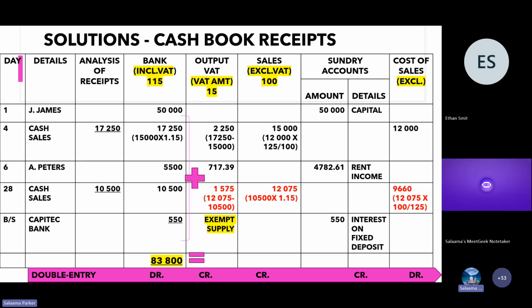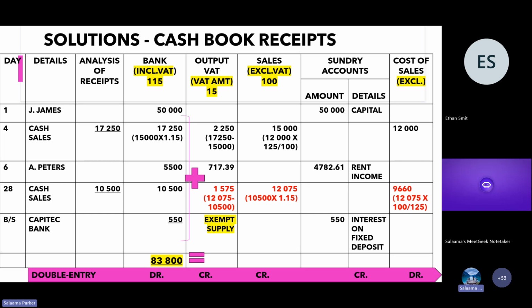And what I needed to stress for you to remember here is that to calculate the cost of sales, whenever you do markups, you work on the exclusive VAT amount. So please remember that.